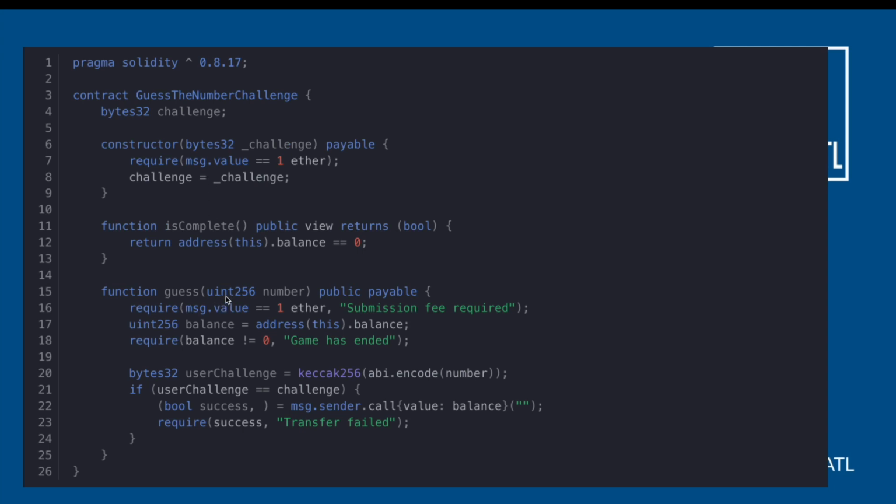Then the users have the ability to guess what this challenge value is, and they have to submit a submission fee with that. So essentially it's going to check if the user's submitted challenge is equal to the actual challenge set by the original deployer, then it will be a success.